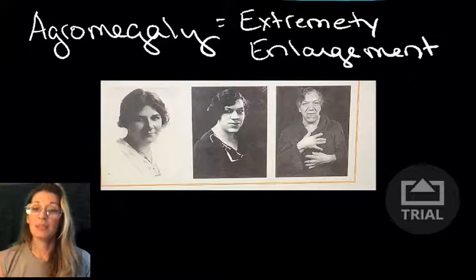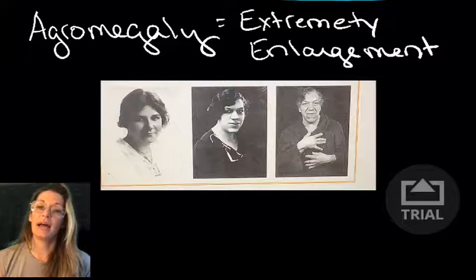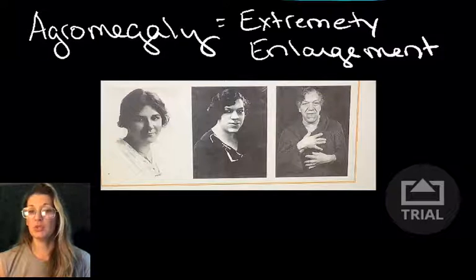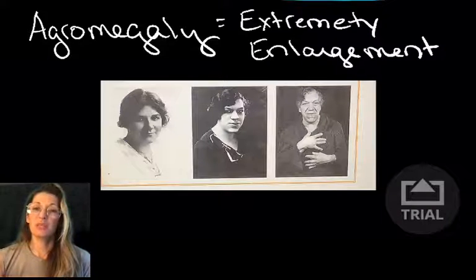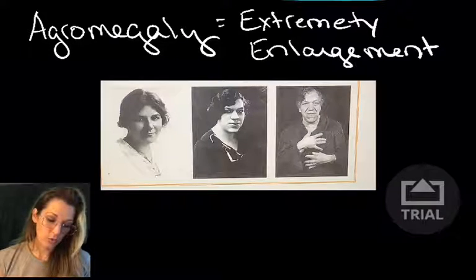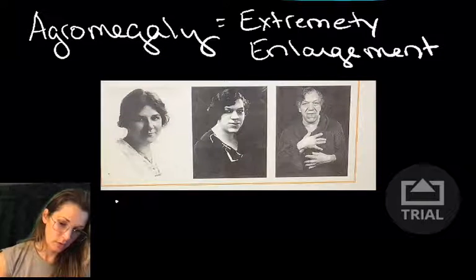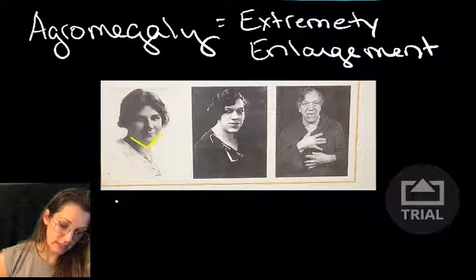So, as I was saying, someone who has acromegaly, the normal process of growth, because our bones and our tissues have to grow as we are growing, right? That's what causes our growth. That's renewed or restarted in adulthood. So this image is showing a woman who has acromegaly. And easy places to see this are her chin and her nose.